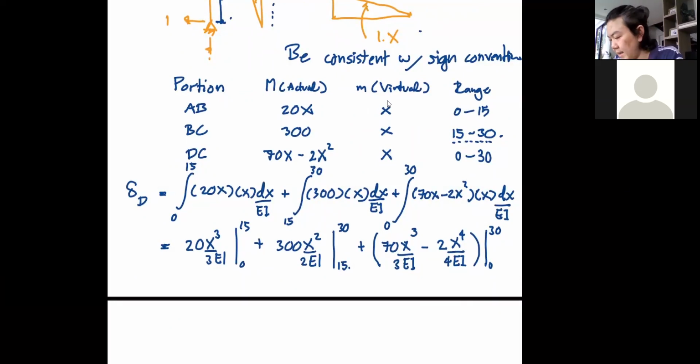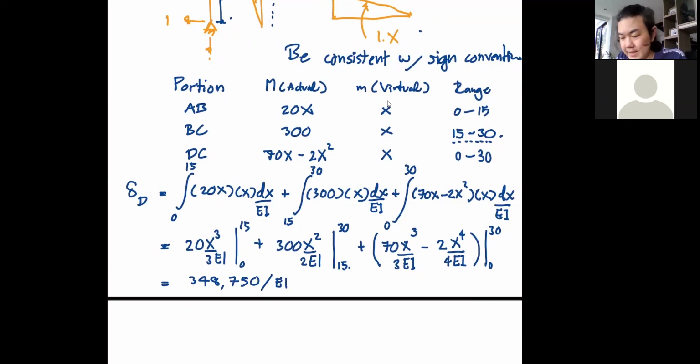Okay, so in the end, this turns out to be, let me skip part, give you the number right away: 348,750 over EI. So that is the delta D, the horizontal displacement at D due to the actual load.